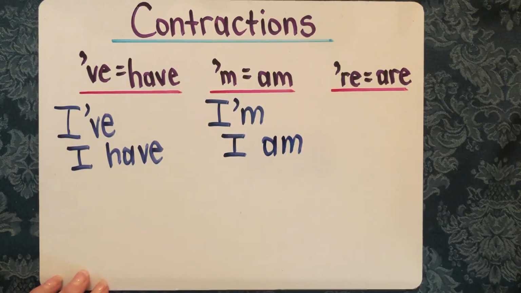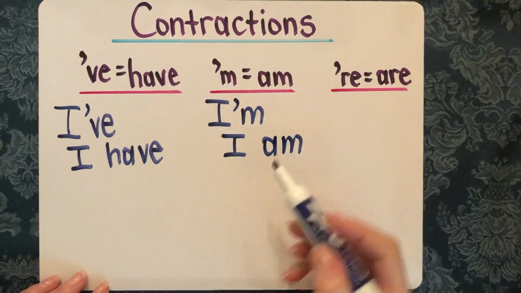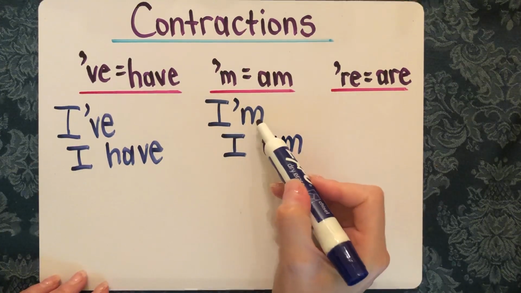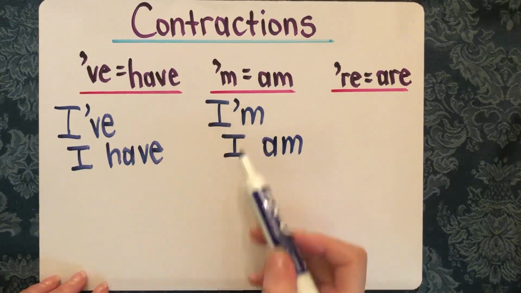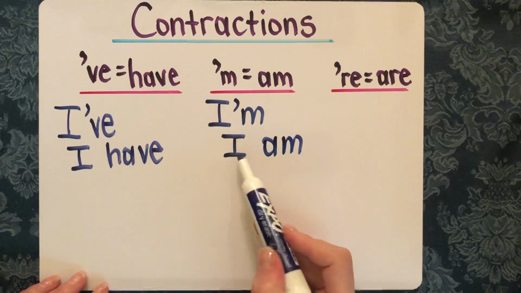Like I'm your teacher, but it's a short way of saying I am your teacher, because the apostrophe M takes the place of the word am. So I'm is the contraction for I am.